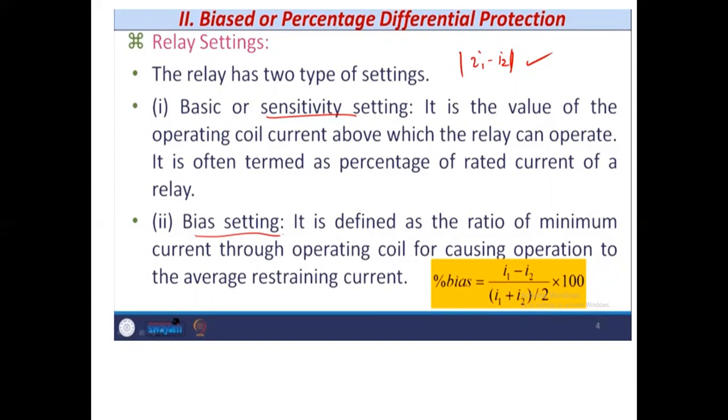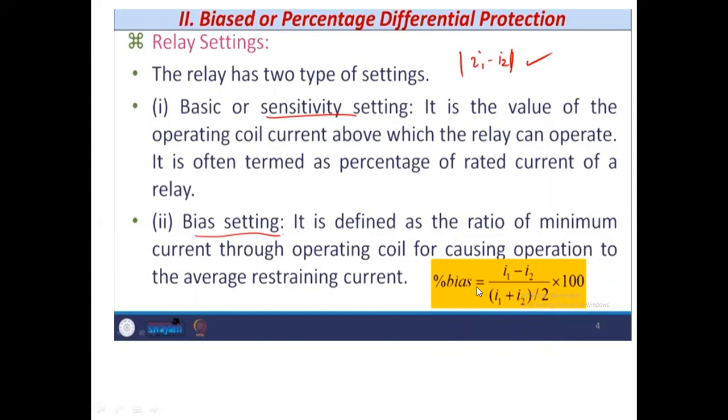that is spill current, flows, the denominator value, okay, this is the denominator value. In the denominator you have the average restraining coil current. This will also increase in this case, so the percentage bias will reduce.